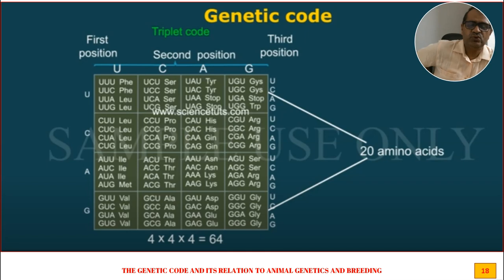So they are totally 64 genetic codes, which produce 20 different amino acids. Hence, the process needs certain calculations, and ultimately the aim of the genetic code is to produce the amino acids required by the different cells.